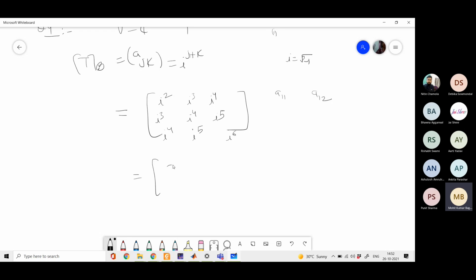And entry-wise, what would it be? So this is i, this is 1, this is i, this is 1, and this is i to the power 6, which is minus 1.